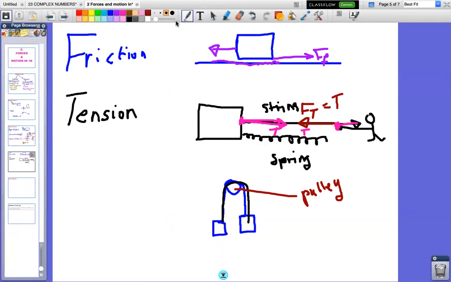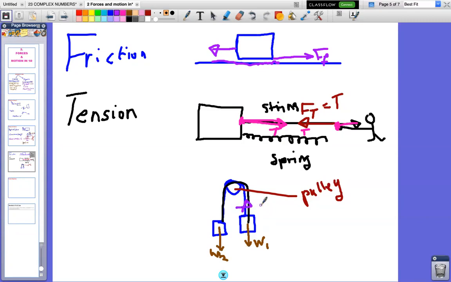First, label the forces acting in this case. We know that this will have a weight 1. This will also have a weight 2. And then there will be a tension in the string.